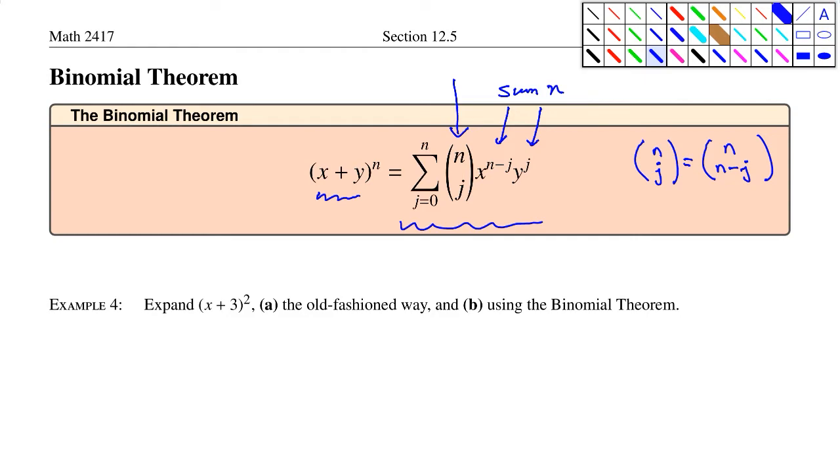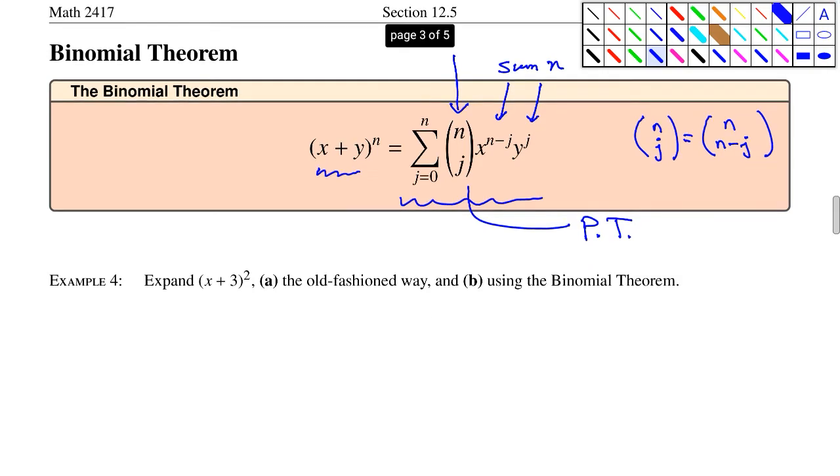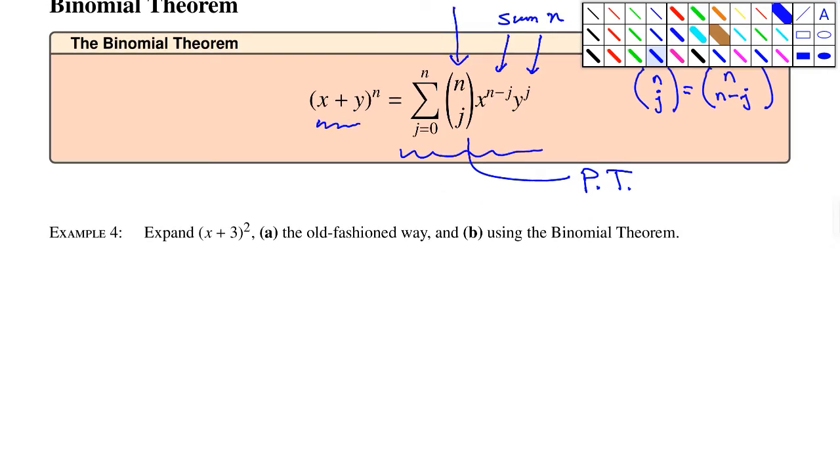Now remember also that you can use the binomial coefficients that come from Pascal's triangle. Let me show you how this works. Example number 4. Expand x plus 3 squared the old-fashioned way. Let's go ahead and do that. So x plus 3 squared would be x plus 3 times x plus 3.